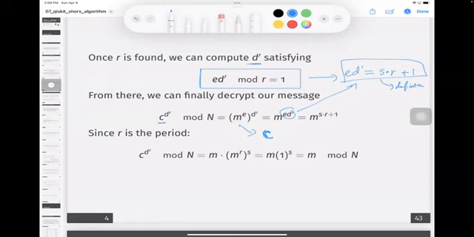Okay, so M raised to the 1 will give you M, and then M raised to the R is this one here. But since R is a period, we know that this is equal to 1. So therefore C raised to the D prime is nothing but your decrypted ciphertext. It's your plain text.